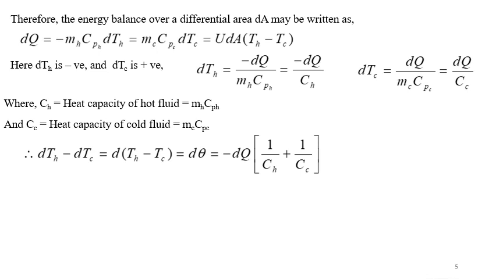Then we can rearrange this equation. Therefore dTh minus dTc is equal to d of (Th minus Tc), which is equal to d theta, where theta is Th minus Tc, which is equal to minus dq, since dq is a common term, times (1 by Ch plus 1 by Cc).